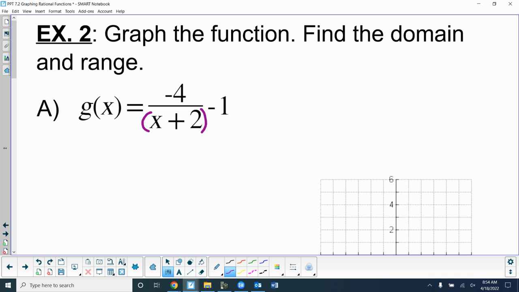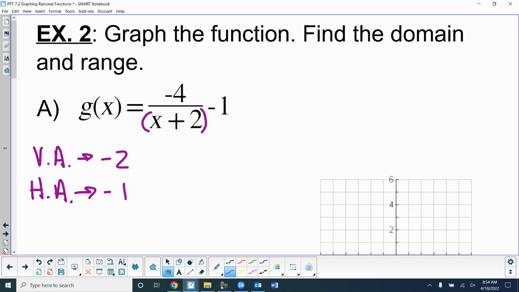Okay? So, what's my vertical asymptote? What makes that 0? -2. What's my horizontal asymptote? Whatever that is, -1. That's a minus sign, but it's like a negative sign.